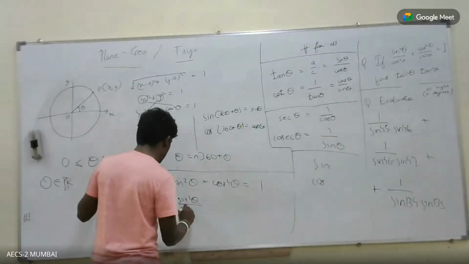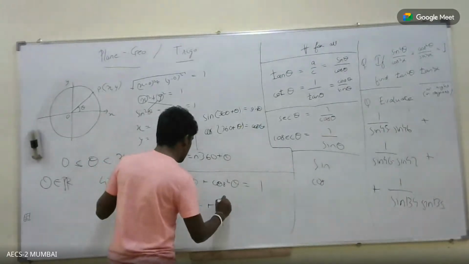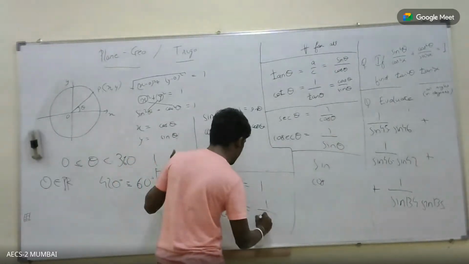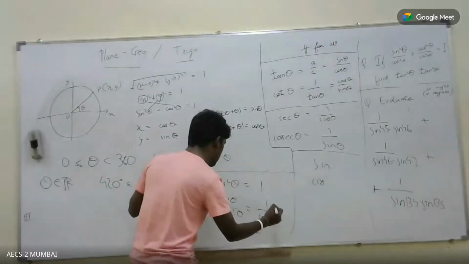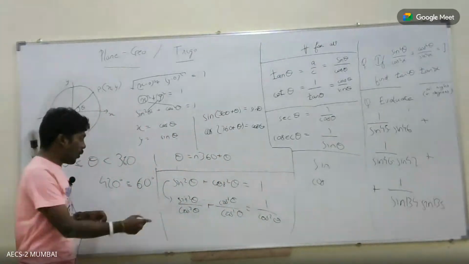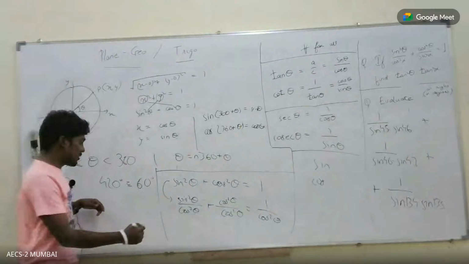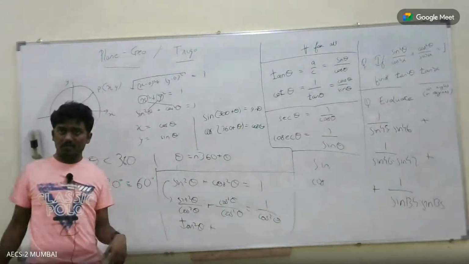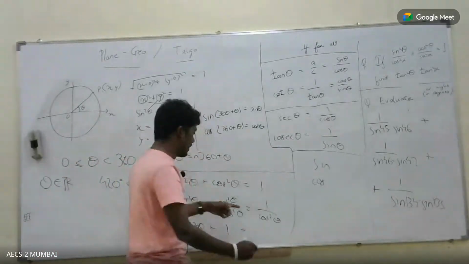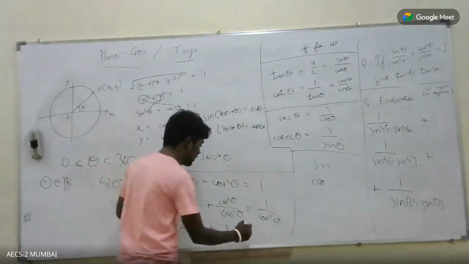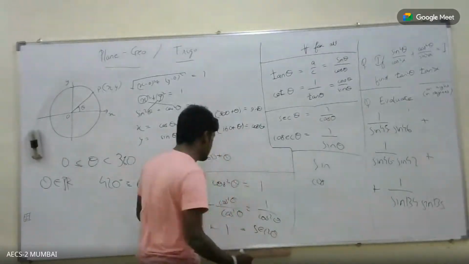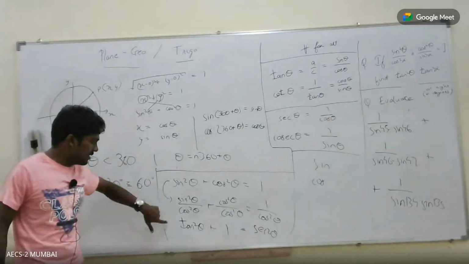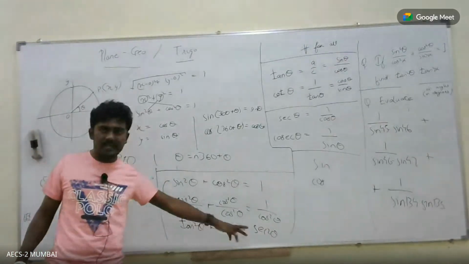Sin square theta by cos square theta plus cos square theta by cos square theta equal to 1 over cos square theta. Agreed? Fair? What is this? Tan square theta. What is this? 1. What is this? Sec square theta. Perfect. So we obtain that if this is true, and this is indeed true as we have seen, this implies this. So tan square theta plus 1 is equal to sec square theta.